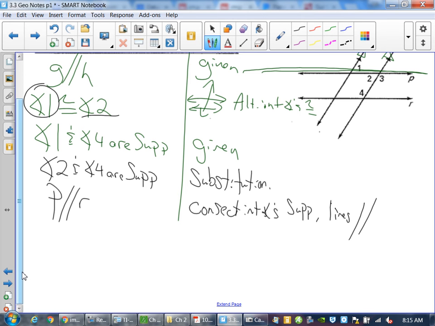You can't assume that because we don't know the lines are parallel. So you have to go from 1 and 2. We don't know, because then that would have had to have been P and R to be parallel for those two to be supplementary. We don't know if they're parallel yet. So you've got to prove that.